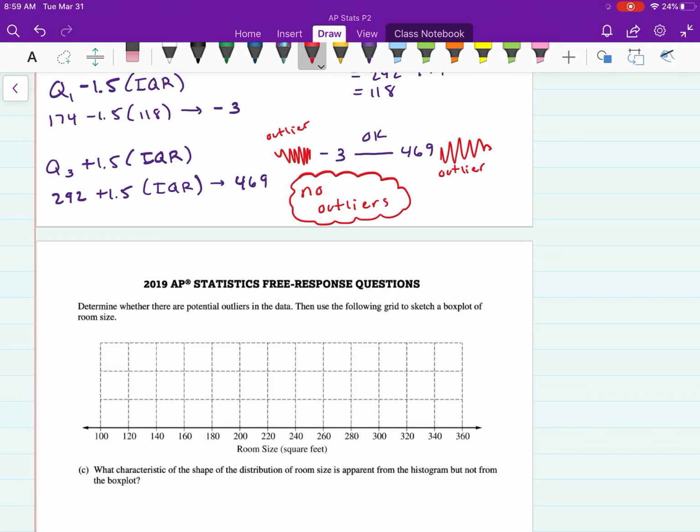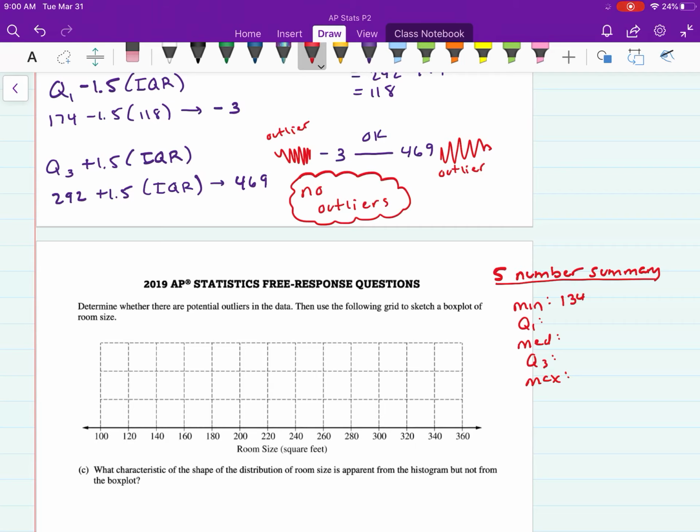Now we have to make a box plot. For a box plot, you need the 5-number summary. The 5 things you need to put on a box plot are the minimum, and all of this is in the table.